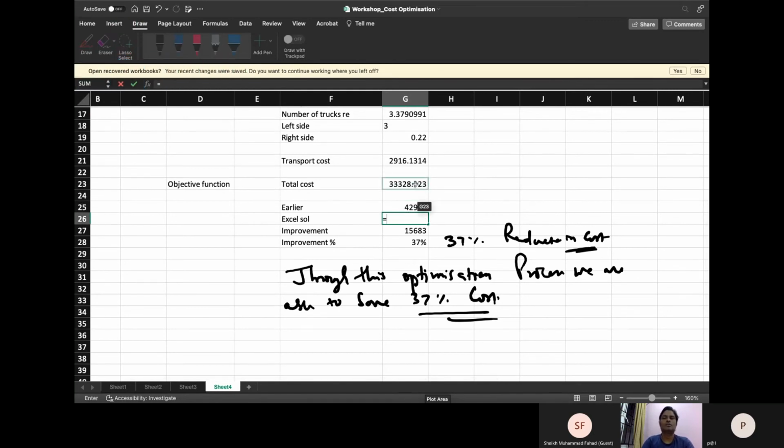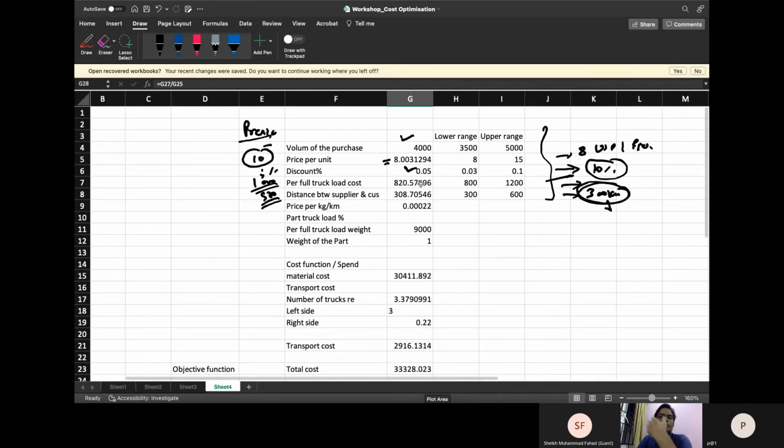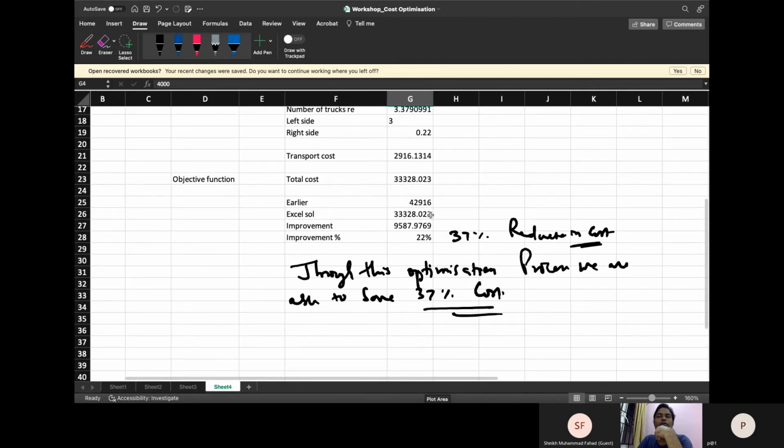It's now 22%. So if my supplier is not ready to provide a discount of 10% and wants to keep the discount at 5%, and I cannot reduce my volume of purchase to 3,500 and have to keep it at 4,000, then I'm going to achieve 22% reduction.